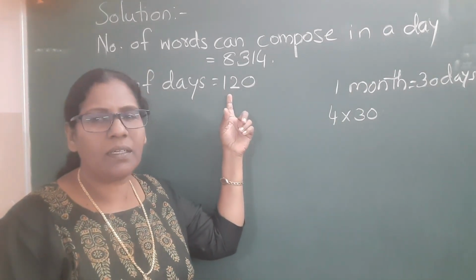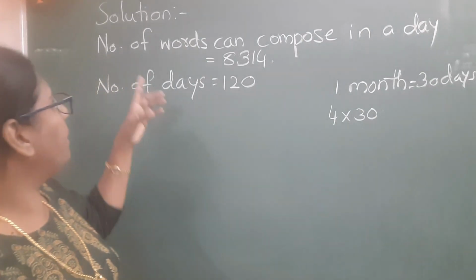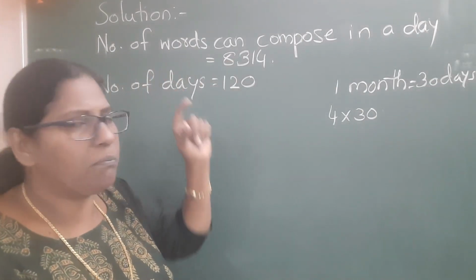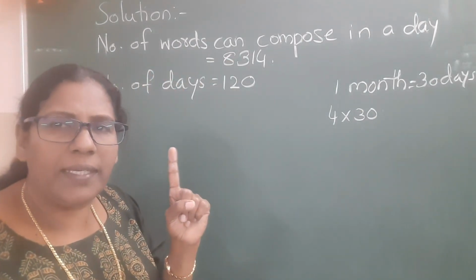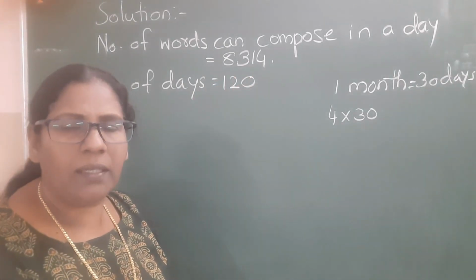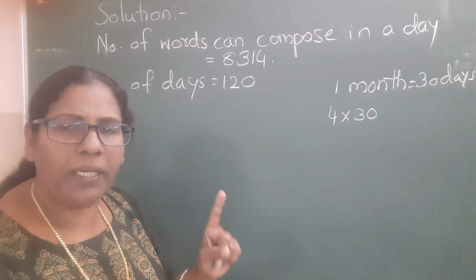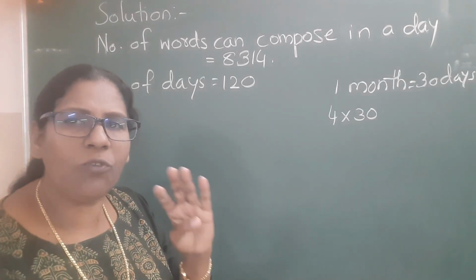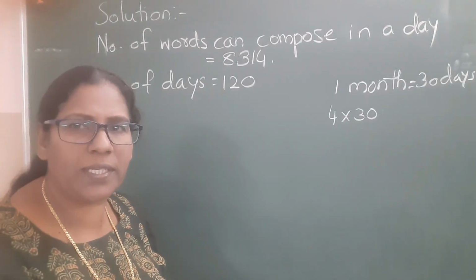You understand? I will repeat. Number of words he can compose in one day is equal to 8,314. Then how many words can that computer operator compose in 4 months is the question.